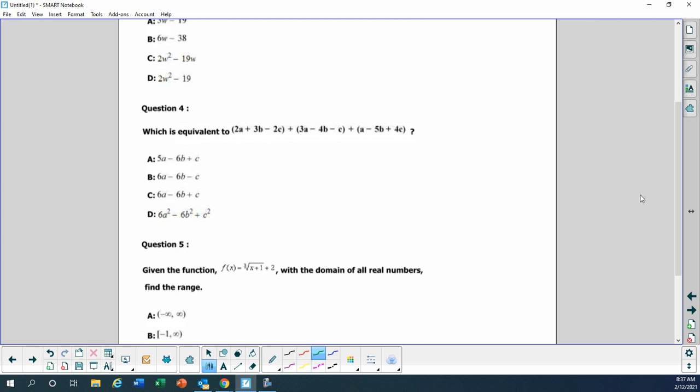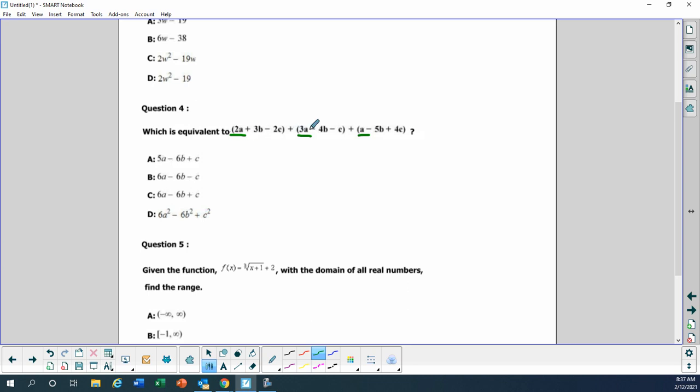All right, so this one is adding. So 2a plus 3b minus 2c plus 3a, and so on. There's no multiplication, it's all addition. We can only add like terms. So I'm adding 2a with 3a with a. None of them are minus; if there was a minus, I'd have to distribute the minus.